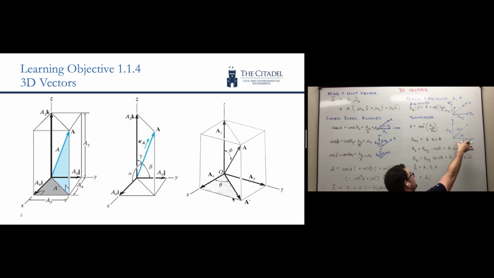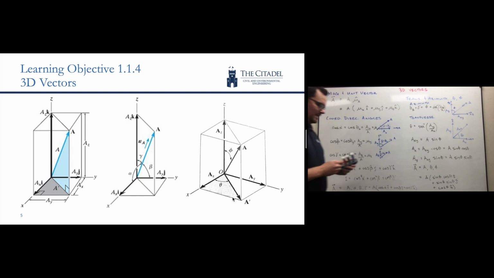My x component is going to be A sine of phi times the cosine of theta i, plus, I'm doing some line wrapping there, plus A sine of phi sine theta gives me my j component, plus A_z, which is going to be A cosine of phi in the k direction.